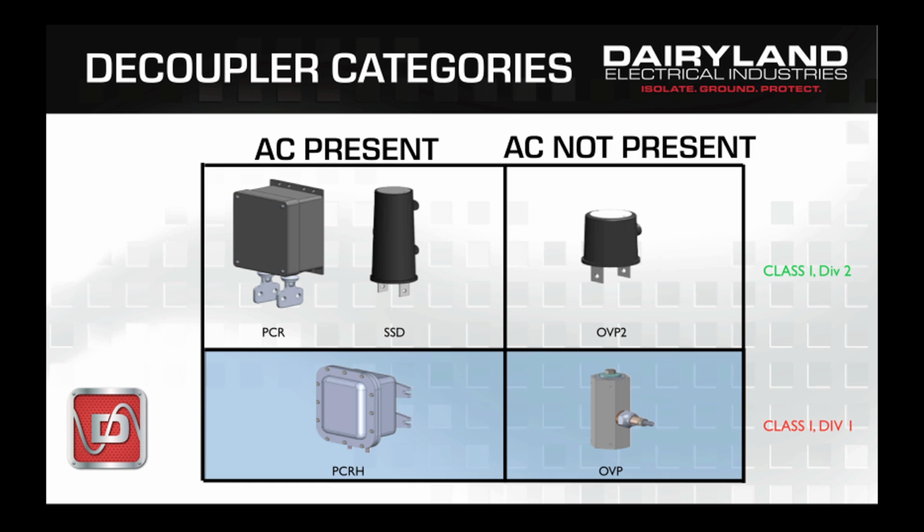To briefly review, decouplers in the left-hand column are designed to operate where there is AC continuously present. Decouplers in the right-hand column are not designed to be operated where AC is present. When picking a decoupler, it is important to pick the correct product.